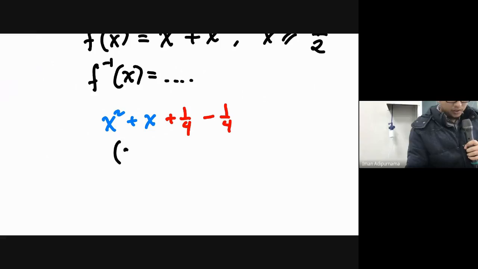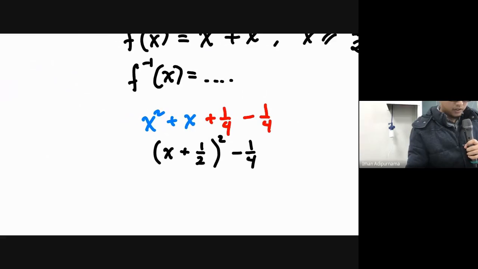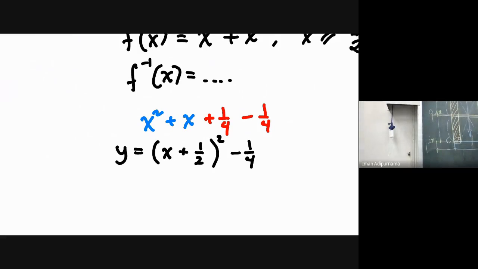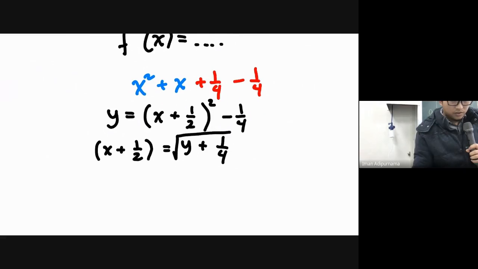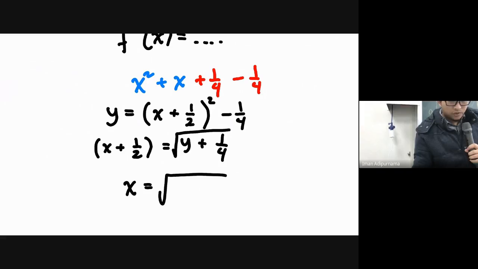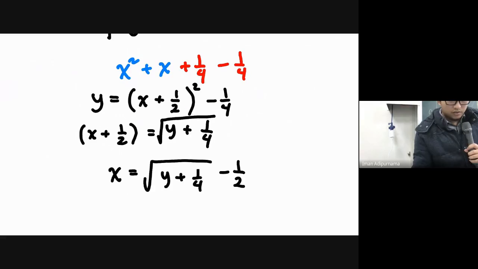Completing the square is making this into this, and we have 1 over 4. Okay, and this is our, let's say, y. And from here we can solve for x, right? So let's say x plus half squared is y plus 1 over 4, and then I can square root this. So my x is square root of y plus 1 over 4, and then minus 1 half.